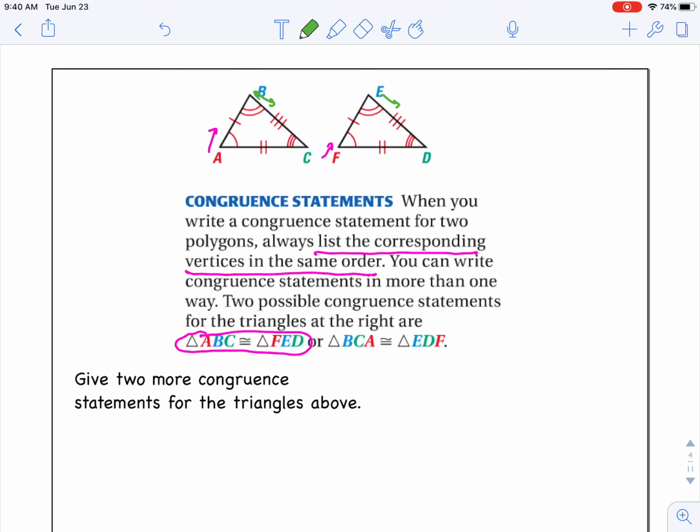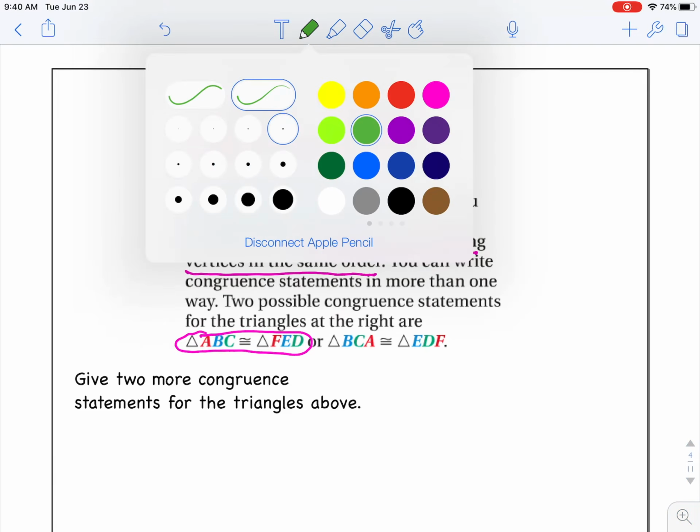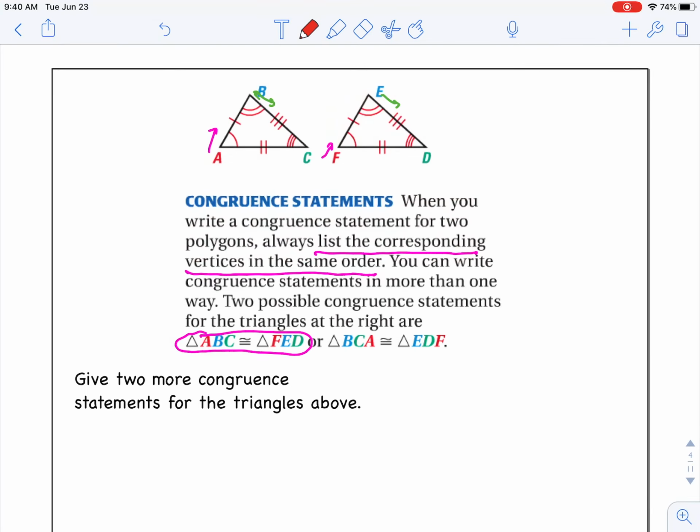But I could go counterclockwise with my statement as well. So I could start with side A right here and go the opposite direction. I could write a congruent statement that said triangle ACB is congruent to triangle FDE.